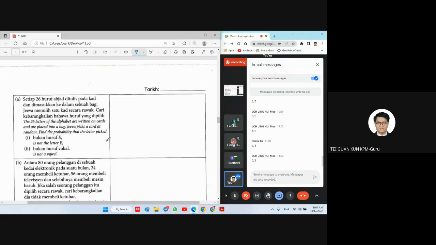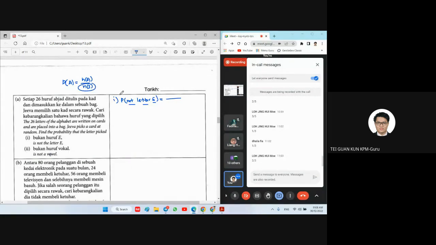Find the probability that the letter picked is not the letter E. So A, first one, the probability of not letter E equals what? The probability equals the number of the event over the number of sample space.